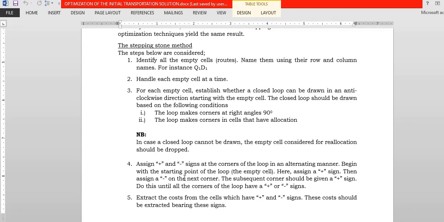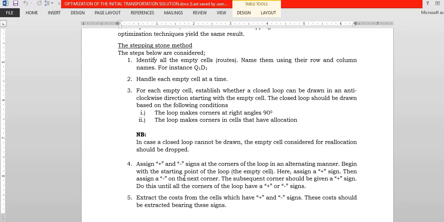Then we need to establish the possibility of creating a closed loop from the empty cell across the other filled up cells, until we go back to the empty cell. This closed loop should be drawn in either horizontal or vertical lines, and these lines should make corners at right angles, or 90 degrees.